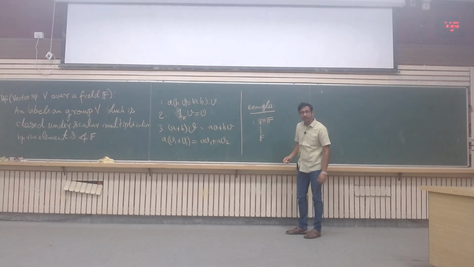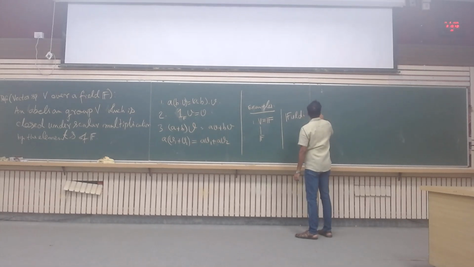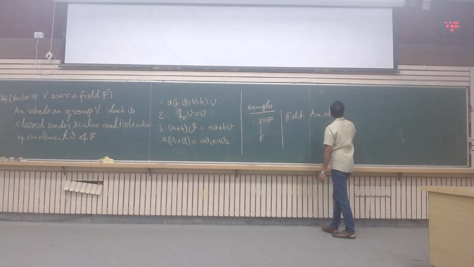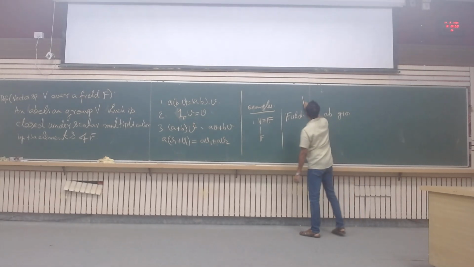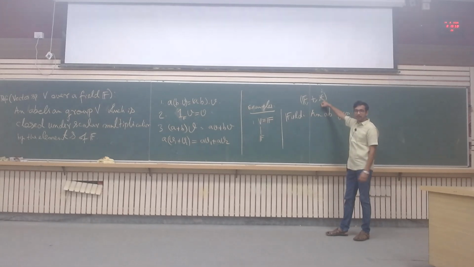So, what is the definition of a field? It's an abelian group under one of the operations. So, a field has two kinds of operations, right? Plus and multiplication. Whatever is there, the star, we call it multiplication.